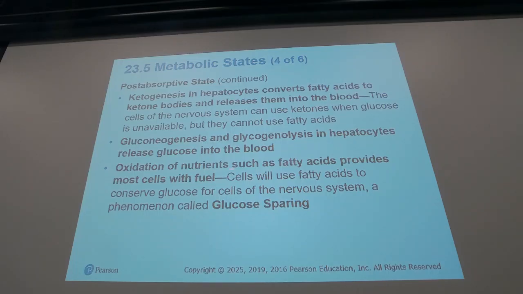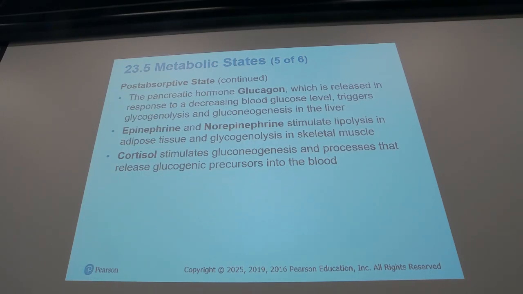Okay, and now we will have this oxidation of nutrients such as fatty acids that will provide some ATP, because you have a lot of bonds between these carbon molecules. However, again, it's not the perfect use of energy.